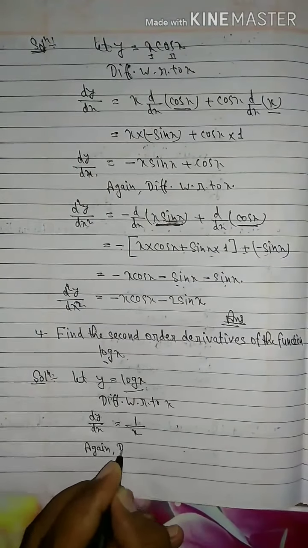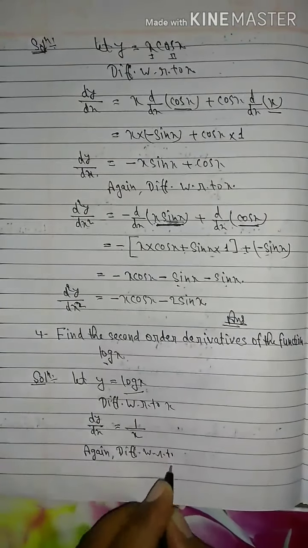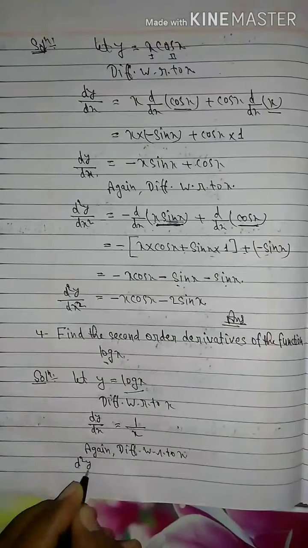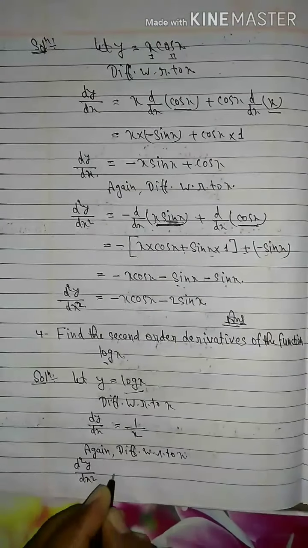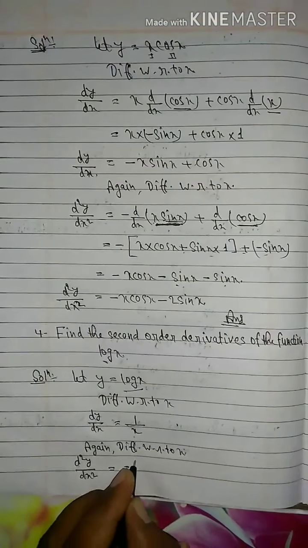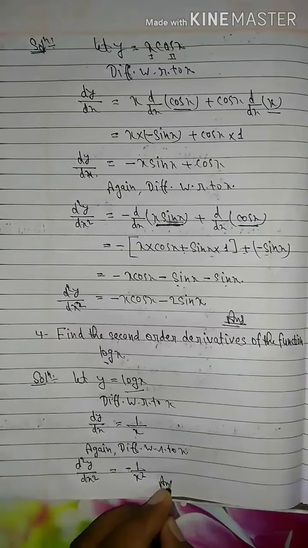Now again differentiating with respect to x, d2y by dx2 equals the differentiation of 1 by x, which is minus 1 upon x square. Now this is your answer.